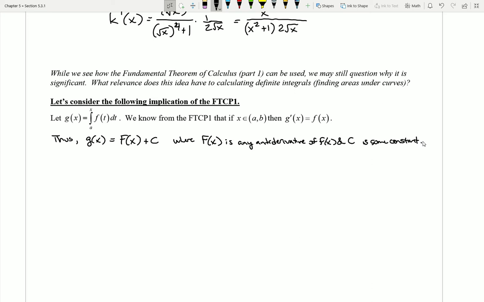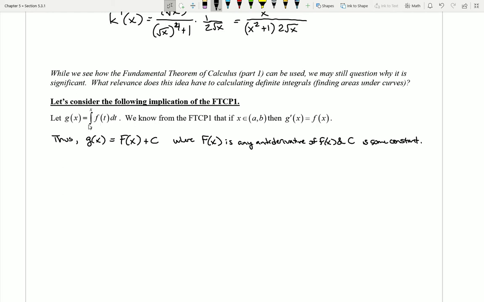So what's kind of interesting now is that we have two different ways of representing the function g. We can represent it with this big crazy integral, but we can also represent it with this antiderivative, capital F of x plus c.